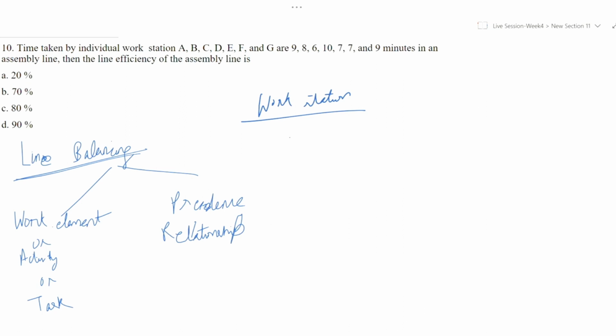Cycle time is the time between two consecutive outputs from the assembly line. Now minimum cycle time is decided by the slowest workstation.